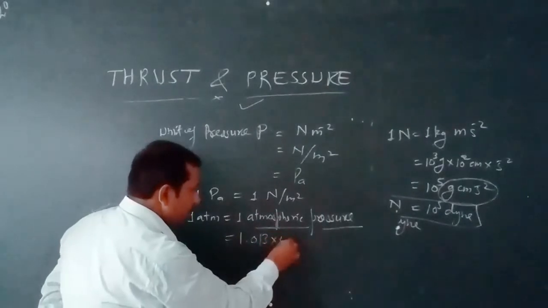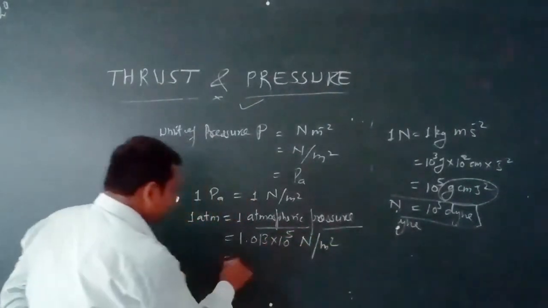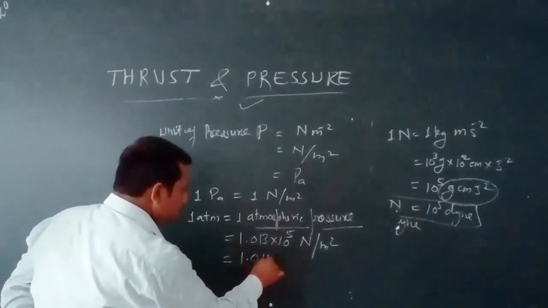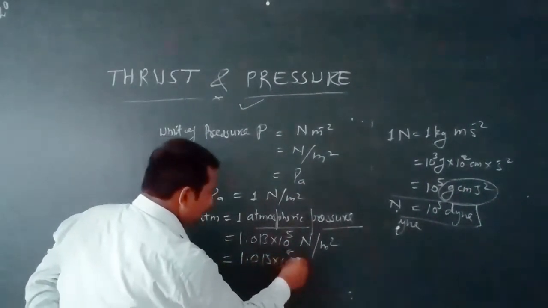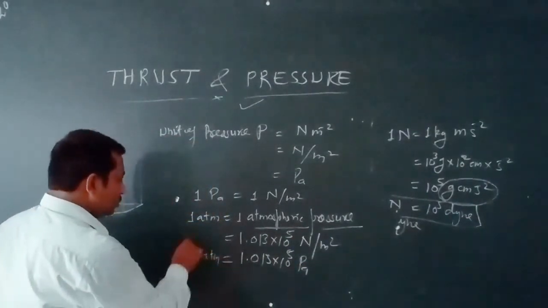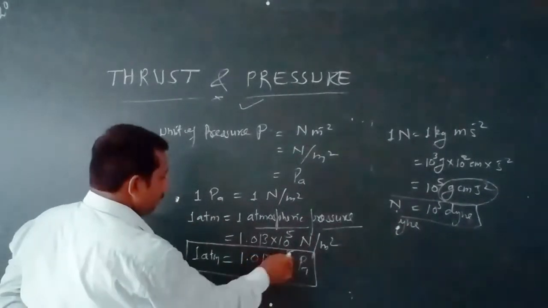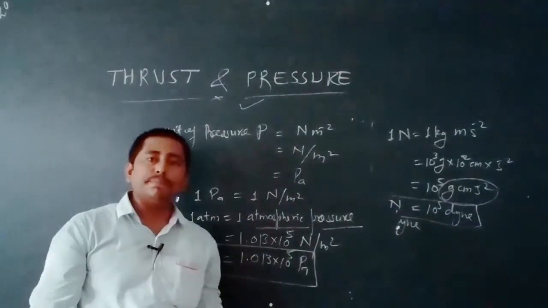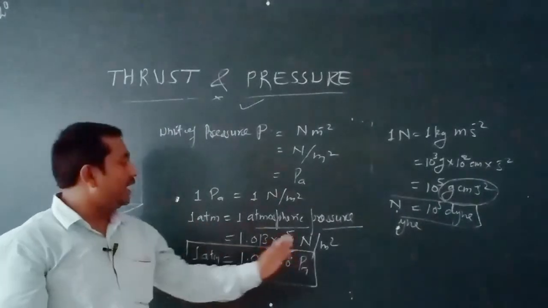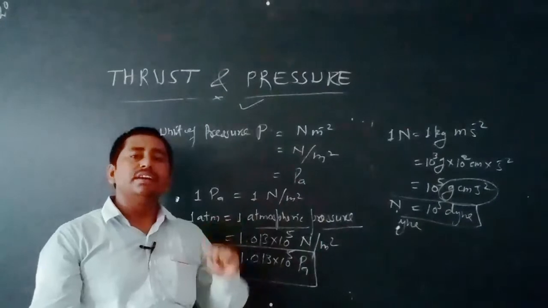On calculation we obtain the value of 1 atm as 1.013 into 10 to the power 5 Newton per meter square, or 1.013 into 10 to the power 5 Pascal. This is a simple relation between atm and Pascal, also atm and Newton per meter square.